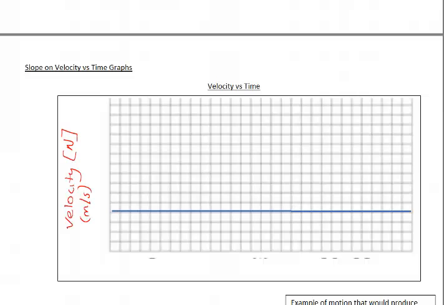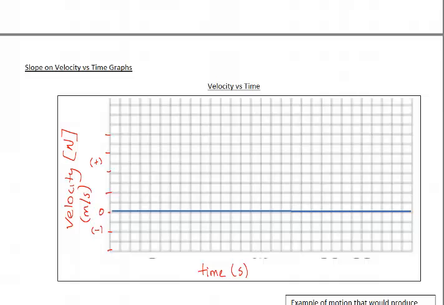Let's take a look at slope on a velocity versus time graph. On the y-axis we have velocity north in meters per second. On the x-axis we have time in seconds. On this velocity time graph, we start with an origin of 0. And we're not putting it right at the bottom, and you'll see why in a minute. I'm not going to put any numbers on here, but you should know that anything below 0 is negative, and everything above 0 is positive.